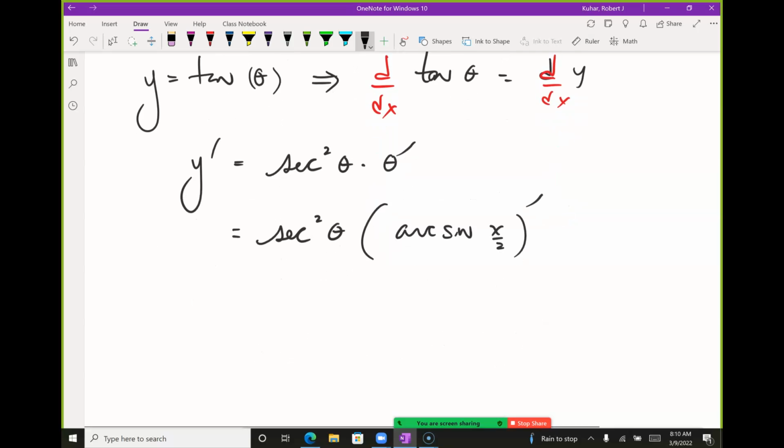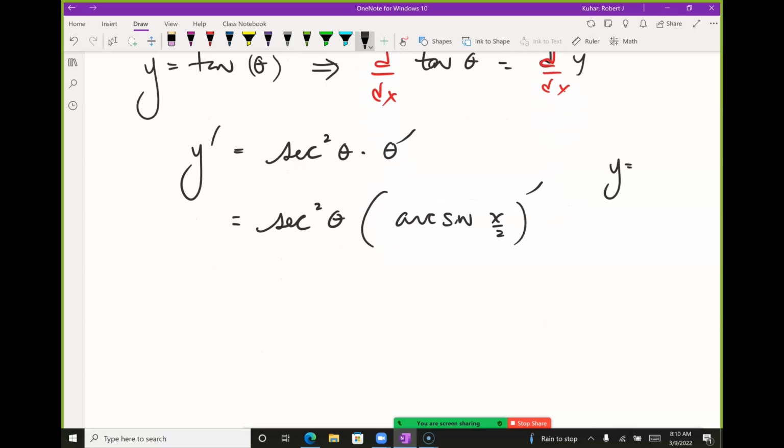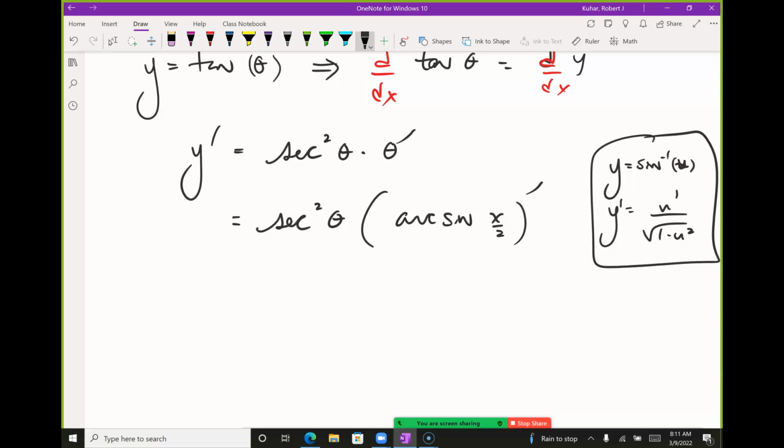So what does my formula sheet say? It says if y equals arcsine of u, y prime is u prime over the square root of 1 minus u squared, right? I want to be thinking about that version of the derivative when I have a complicated inside, always thinking of the chain rule version of whatever I have.